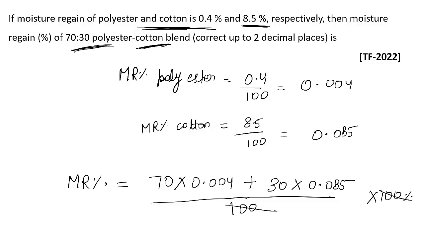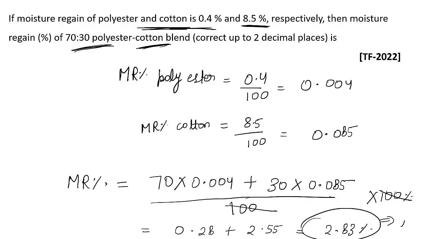So 100 and 100 cancel, and when you solve, it comes out to be 0.28 plus 2.55, around 2.83%. So in 2 decimal places it becomes the answer.